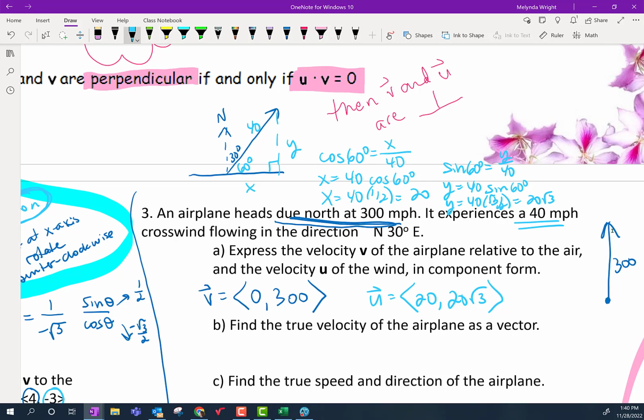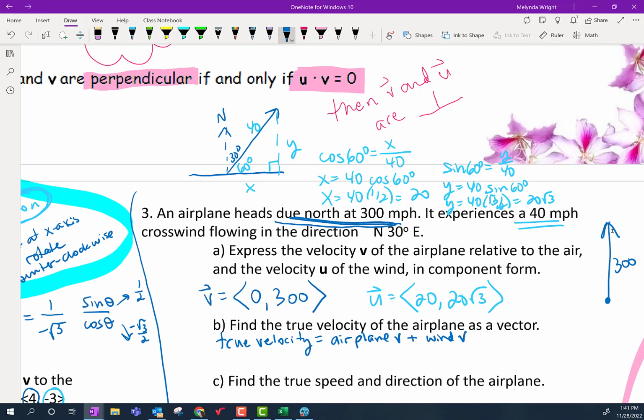So part B, find the true velocity of the airplane as a vector. So I need to give you a definition. True velocity equals airplane velocity plus wind velocity.